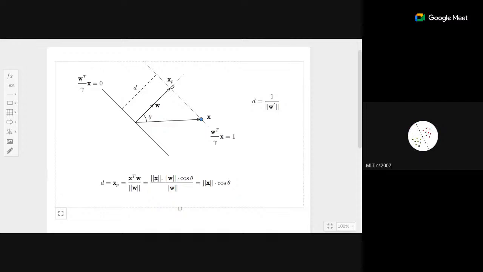It's correct. So what we are doing is we are not scaling it. That's all. So your intuition is right. Let me go back to this being W transpose X equal to gamma itself. You are right in saying that this line and this line have a distance of gamma. Only thing is that you are using a different set of units.